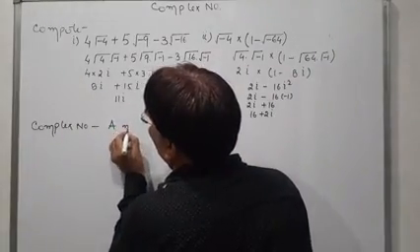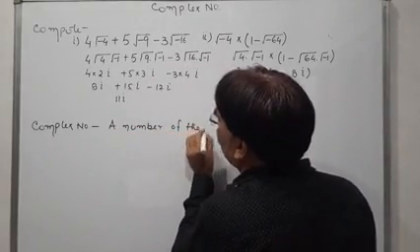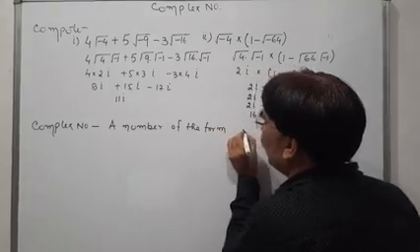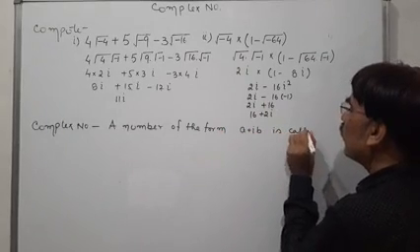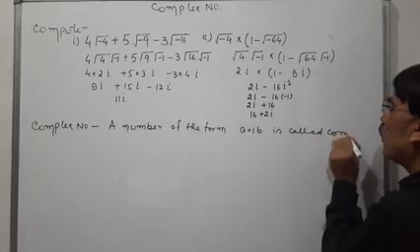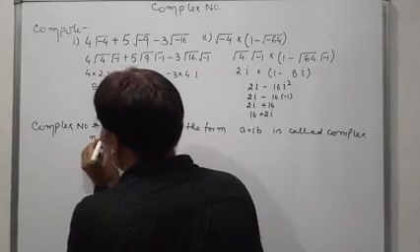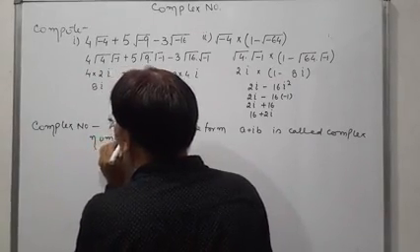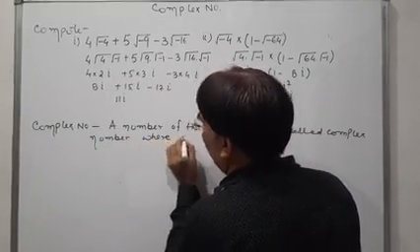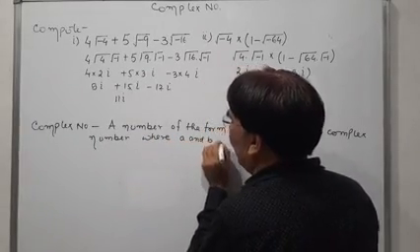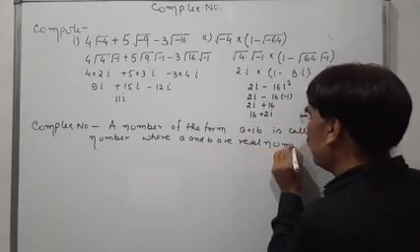A number of the form a plus ib is called a complex number, where a and b are real numbers.